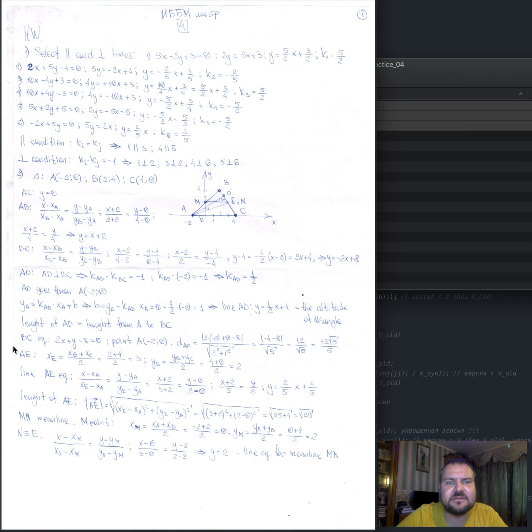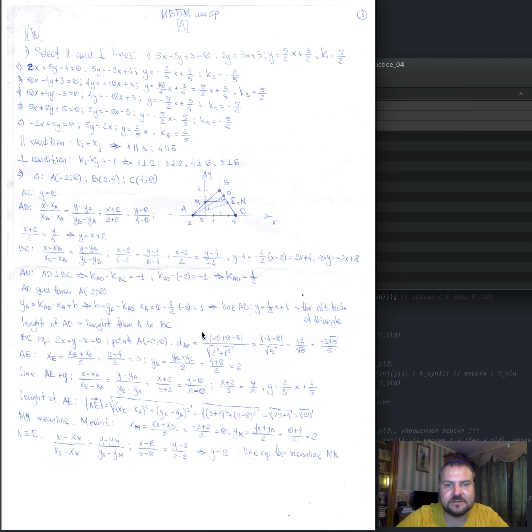We have the BC line equation, and we have the point A. It is a formula from the lecture. If we know one point and we know the equation for the line, we can directly find the smallest distance from this line to the point.